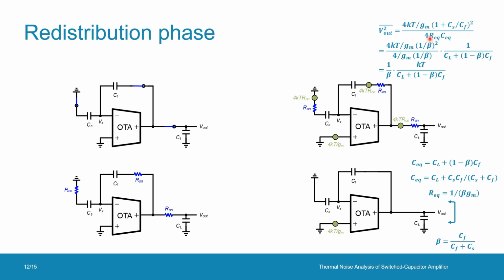Meanwhile, the output resistance REQ gets amplified by 1 over beta. So 1 over beta square over 1 over beta leaves only 1 over beta, as shown here in the multiplication factor.